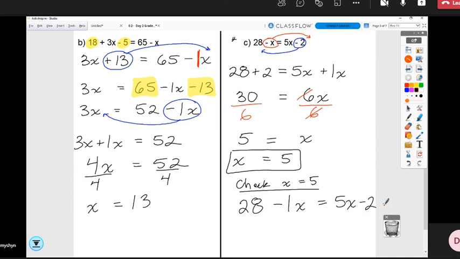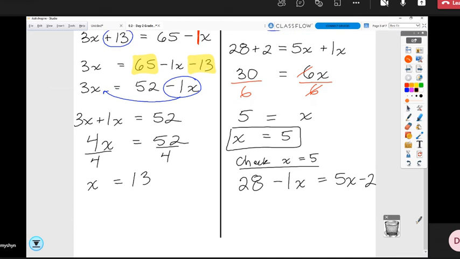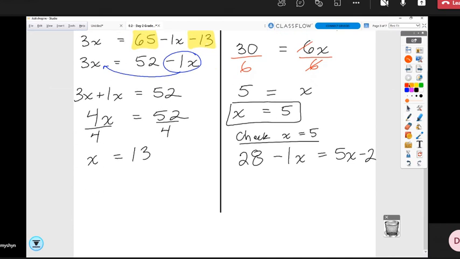I'm running out of room. And again, I'm going to pull out a different color here. I'm going to split the equation, write down the equal sign. I'm going to call this the left side of the equal sign. This is the right side of the equal sign. And again, we're checking x equals 5. So we're just going to substitute 5 into the equation for x.